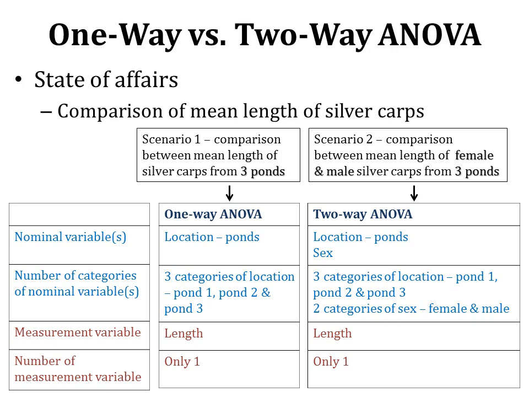So we have 3 categories of location: pond 1, pond 2, and pond 3, and we have 2 categories of sex: female and male. And the measurement variable is only one, which is length. So in this case we are going to see the mean difference between the length of the silver carps by their location and by their sex, and we can also see the interaction effect of these 2 variables.